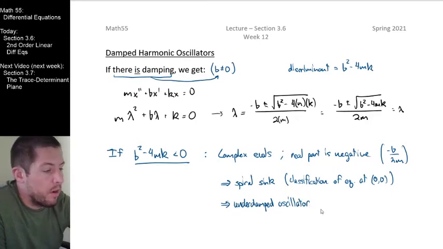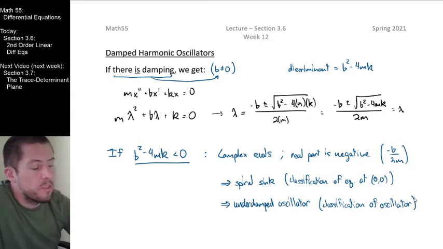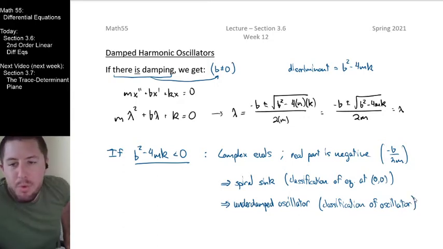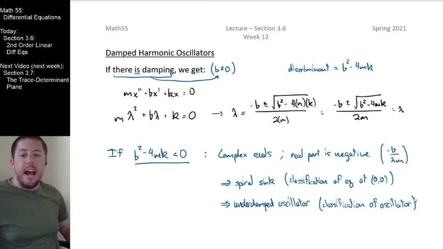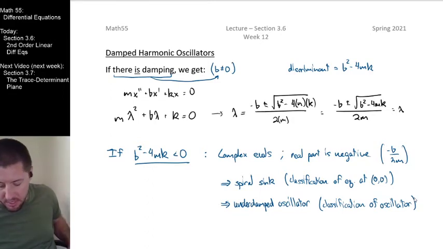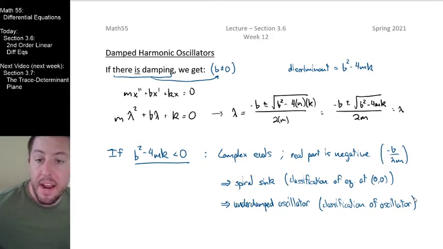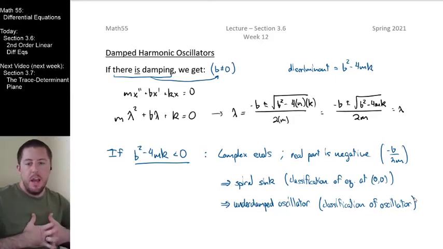Let me give you guys my analogy for these ones here. Now that we've named one of these, an underdamped oscillator, I think you guys have heard the words that are at least associated with some of these things otherwise. So I want to give you my analogy of what I think about when I think about oscillators.